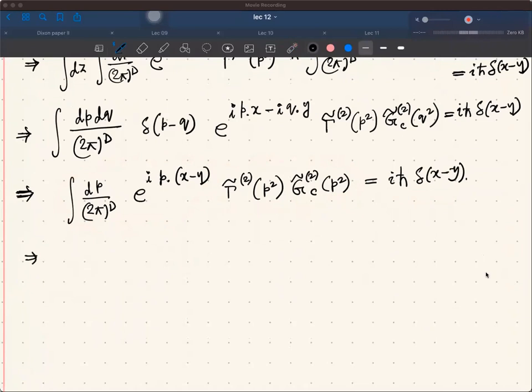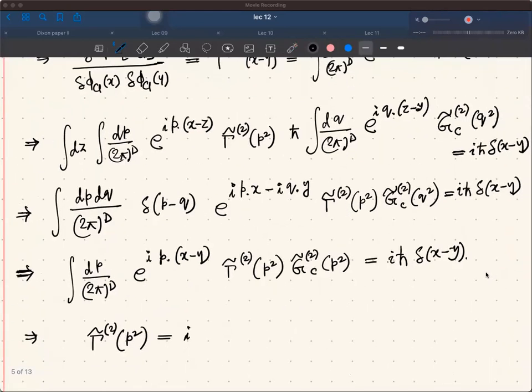And therefore γ̃₂(p²) is i, there's a factor of i here. What happened to ħ? Let's see. Right, so this ħ and this ħ must have cancelled.